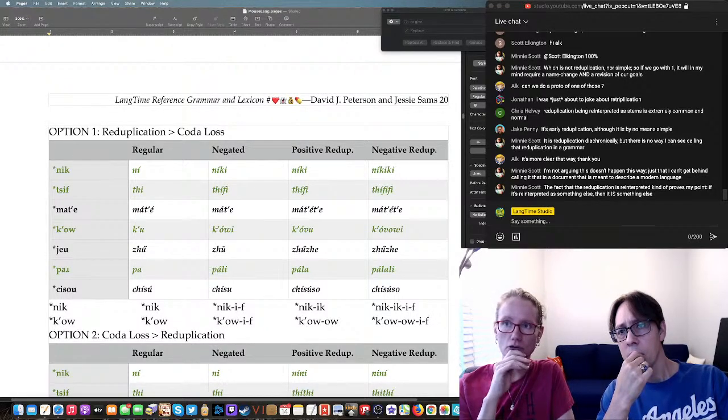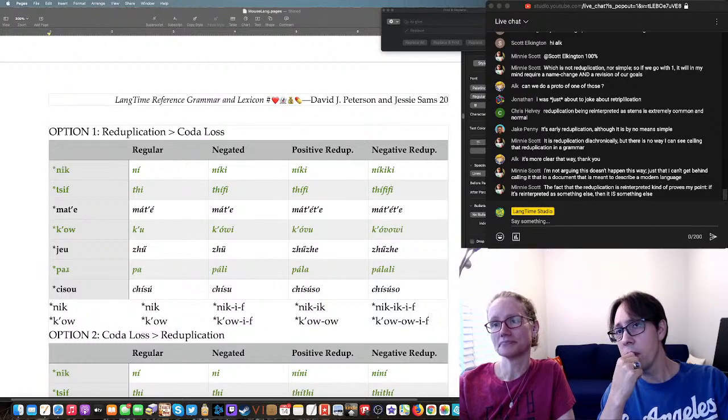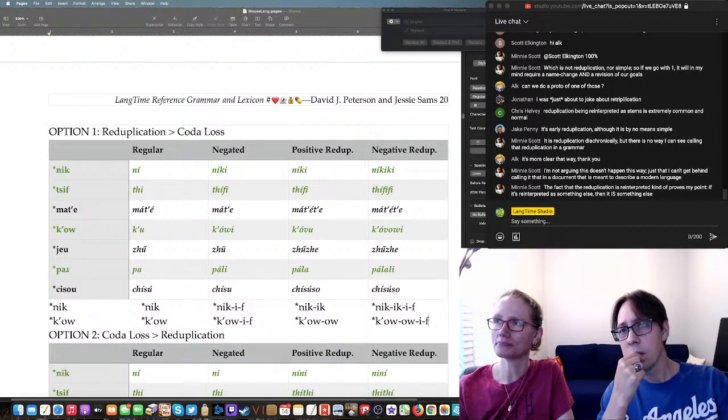Woe does not have a coda. Correct. But we're still dissimilating, and so that's the reduplicated part. That's why it has low tone.